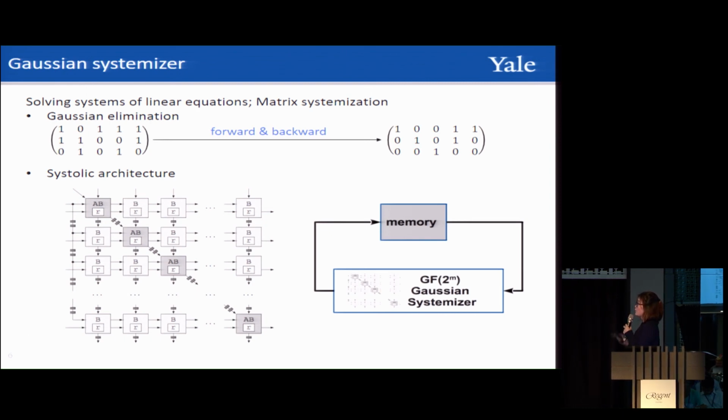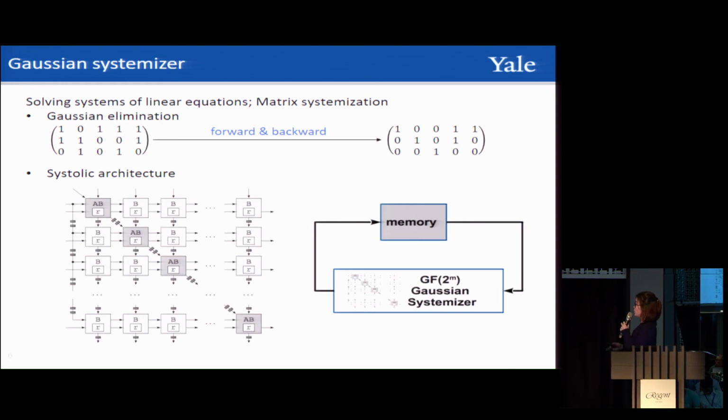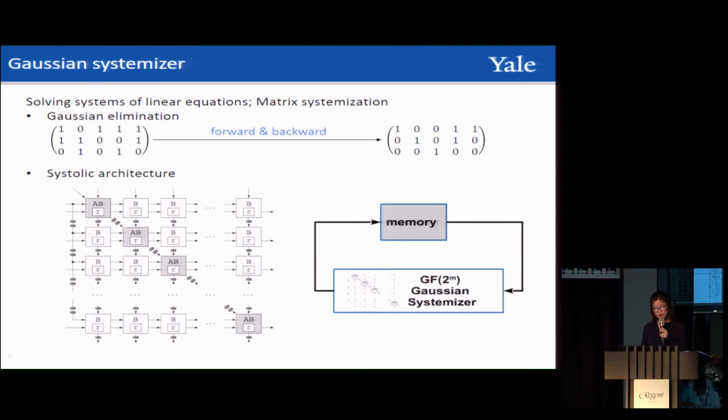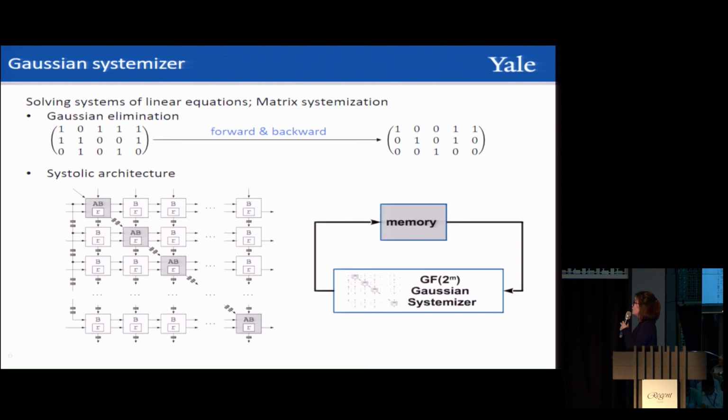And then you store the column blocks into a piece of memory. And then you just start feeding the first column block into the small architecture. And then you record the data out and write it back to the memory. And then you keep doing this for the second column block, and you repeatedly do this until you eliminate the whole matrix.